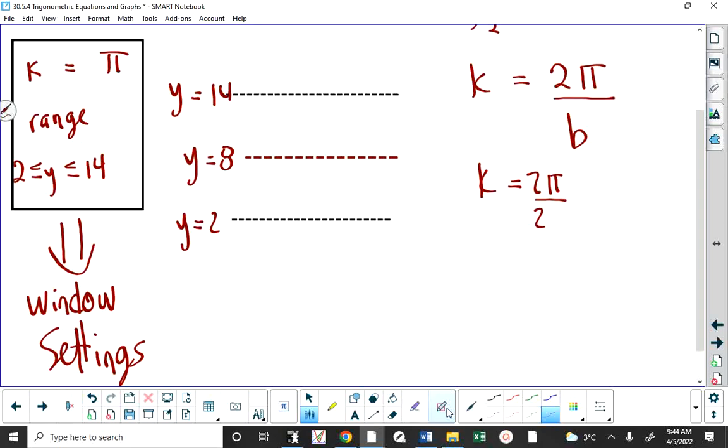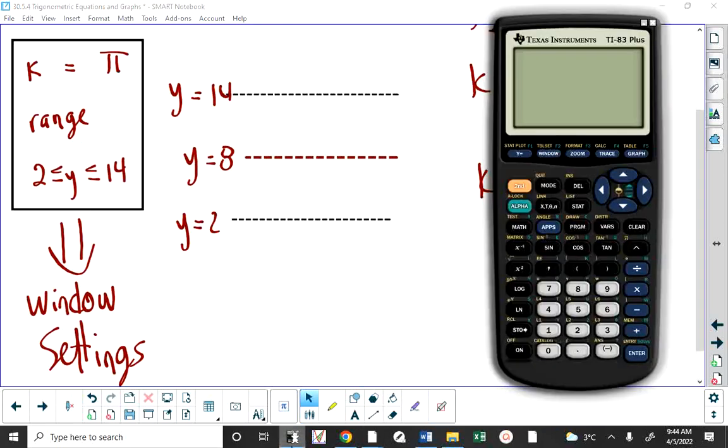Always want to go for one period, not 2 pi, not 8 pi, one period, which in this case is pi. And the range is 2 to 14. So in my window settings, I haven't even entered the function yet. I'm in radians because I don't see a degree symbol. I'm going to go 0 to pi.